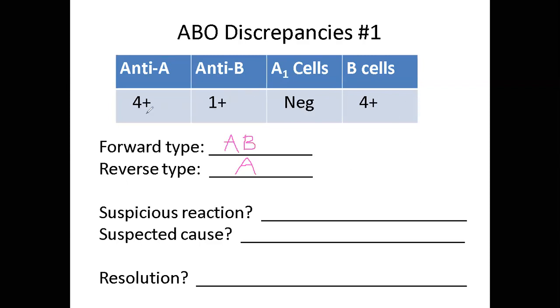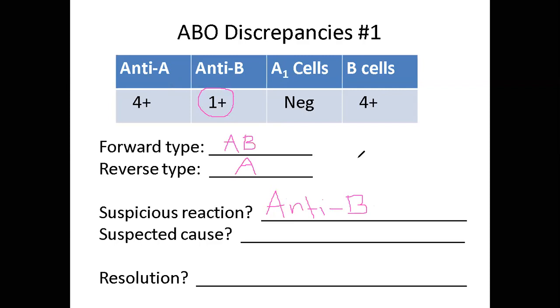If we look across all of the reactions in our testing, the one that really is suspicious is anti-B, simply because it's a weaker reaction. We know that when we're doing forward typing, we expect 3 or 4+ strength of reactions.